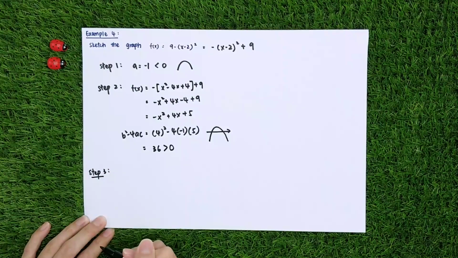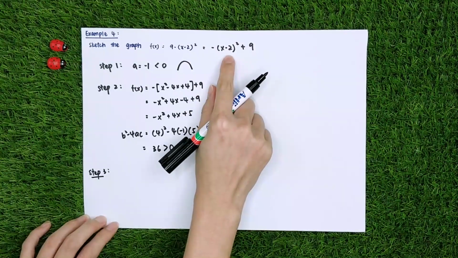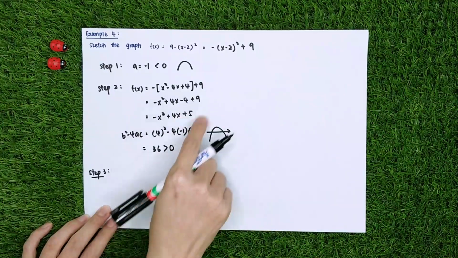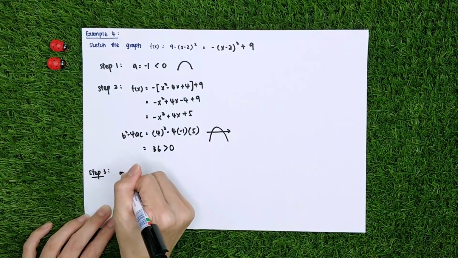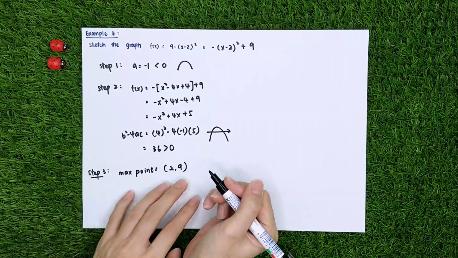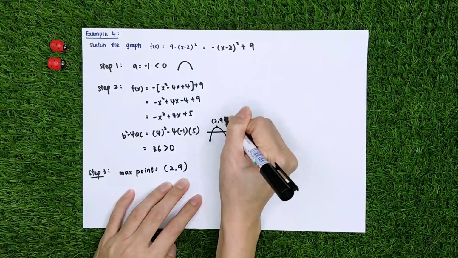Step 3 is completing the square to find my minimum or maximum point. Since this is in vertex form, I can directly determine it from this form. This is a maximum graph, so my maximum point is (2, 9).